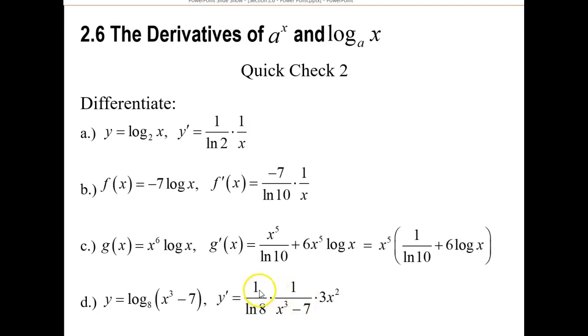All right, so we have 1 over natural log of 8 times 1 over the inside of that log, x cubed minus 7. But since that inside part is not just x, the chain rule needs to be used, and this is the derivative of that inside, 3x squared. So that merges together as 3x squared on top, natural log of 8 times x cubed minus 7 on the bottom.